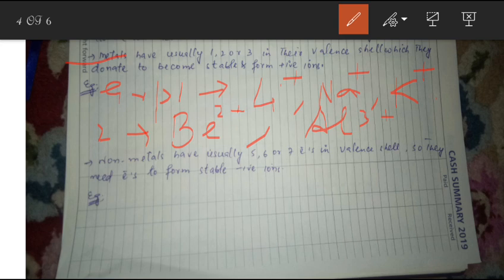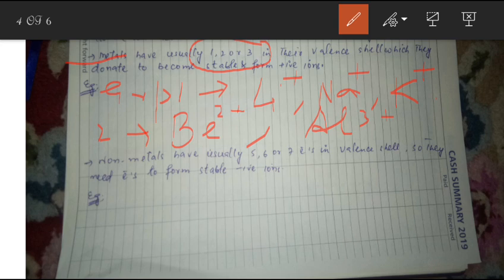So metals, whether they are group first, group second or other group elements, are having 1, 2 or 3 electrons in their valence shell. And when they lose these electrons, they get converted into cations, and cations are either monovalent positive, bivalent positive or trivalent positive.